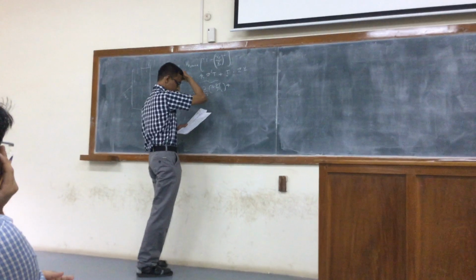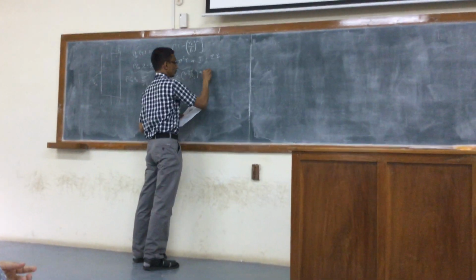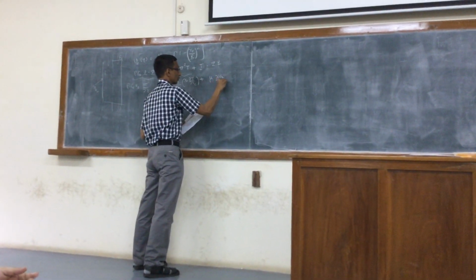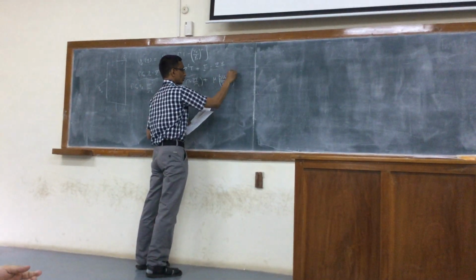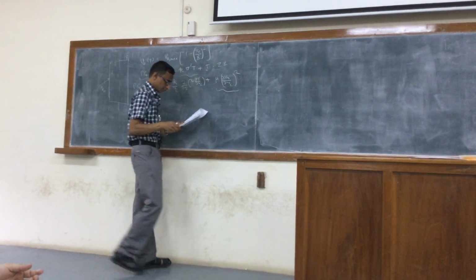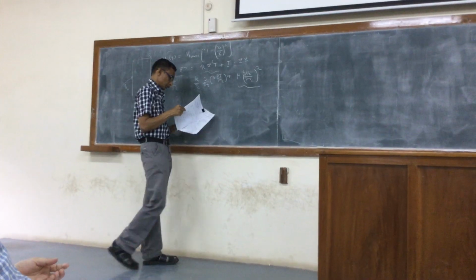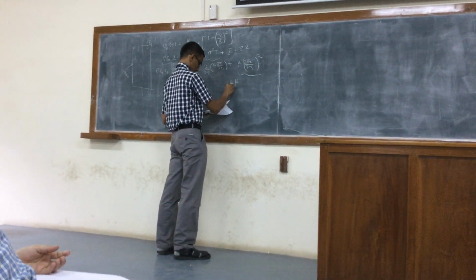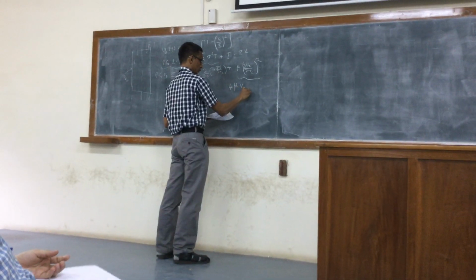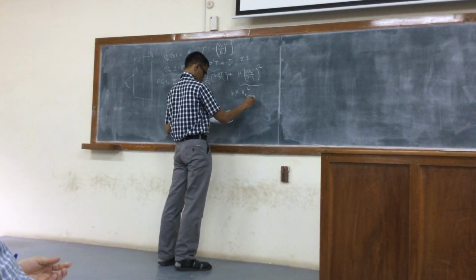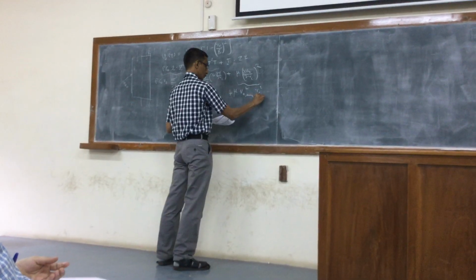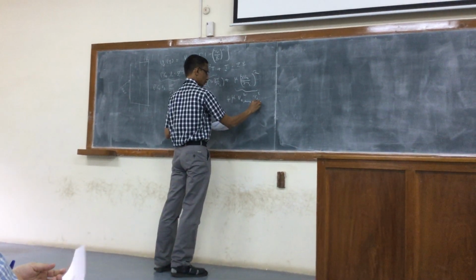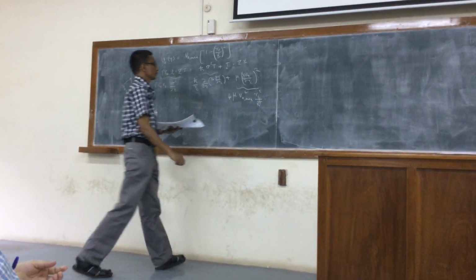We show that this term, the viscous dissipation term, can be shown to be proportional to rc square.